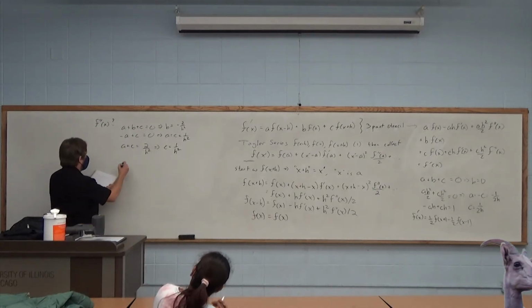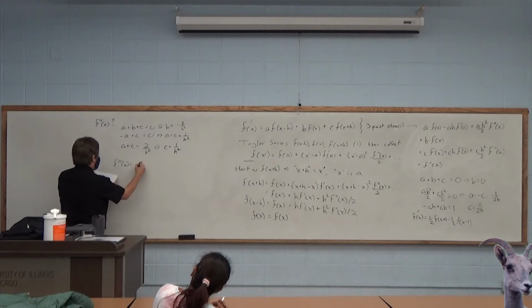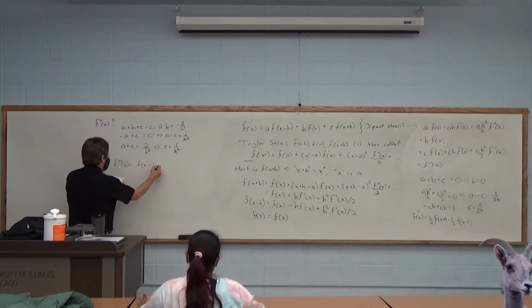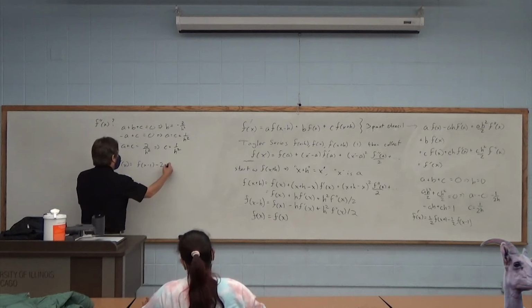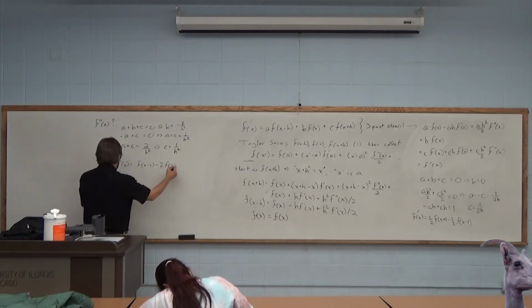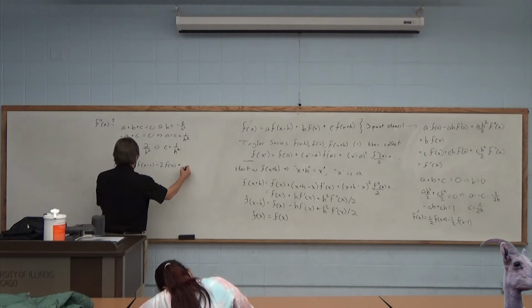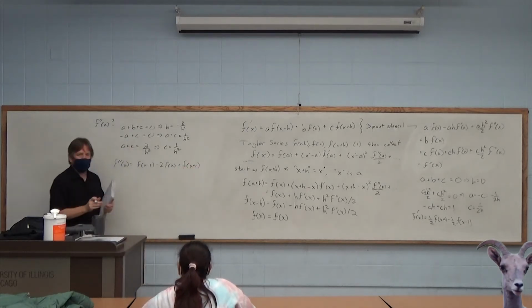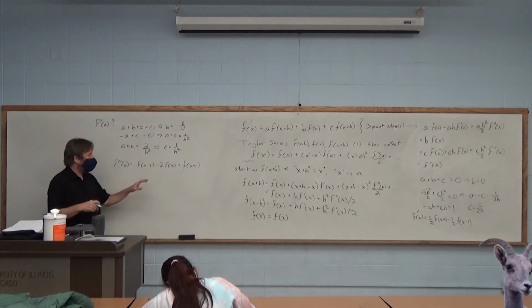Okay, so now the double derivative at x is f of the point behind minus 2 times the point in the middle that you're talking about plus the point ahead. Kind of neat, right?